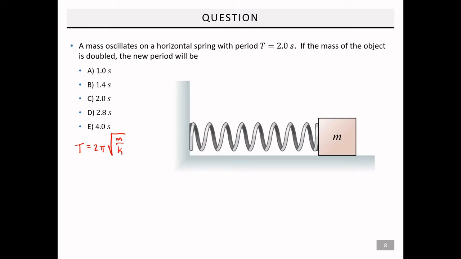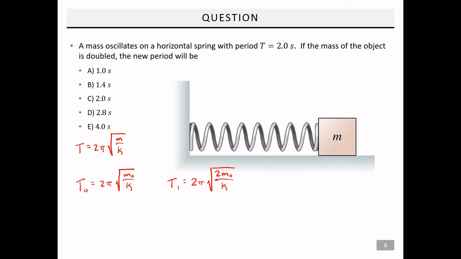So we might say that the initial period is equal to 2 pi times the square root of m0 over k. And then after we double the mass, we have a new period, which we would write as 2 pi times the square root of 2 times the initial mass divided by k.